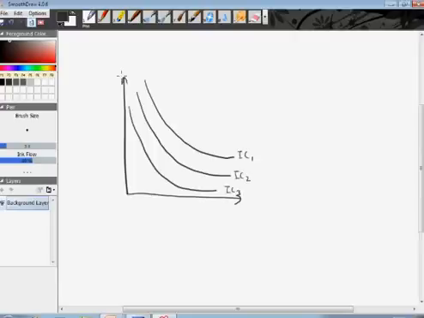Now we draw a budget line AB, which is tangent to the indifference curve IC2.